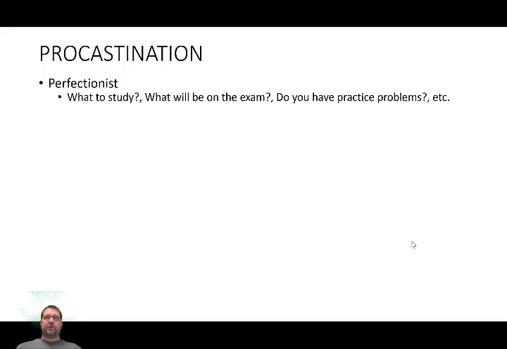You're really just procrastinating. You already know what's going to be on the exam, or what's potentially going to be on the exam, so study it. You know what to study. Otherwise, I wouldn't be lecturing on it. So as perfectionists go, and I understand that it's in your nature to ask, hey, I need to know exactly what's on the exam, you'll never know exactly what's on the exam. Otherwise, why would it be an exam?